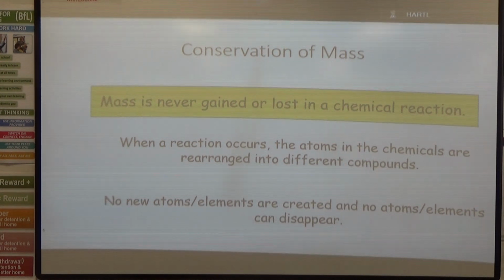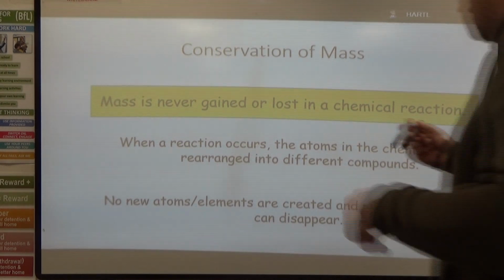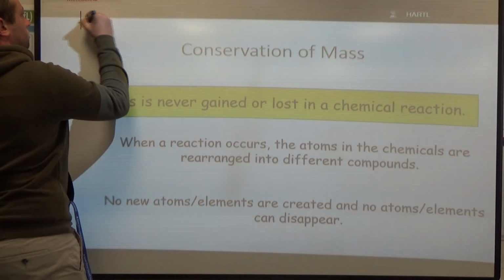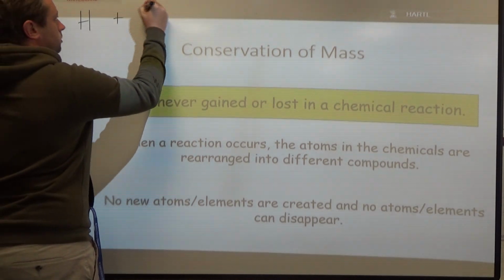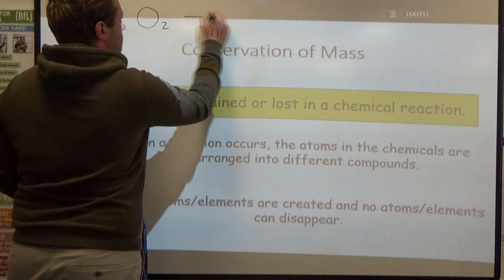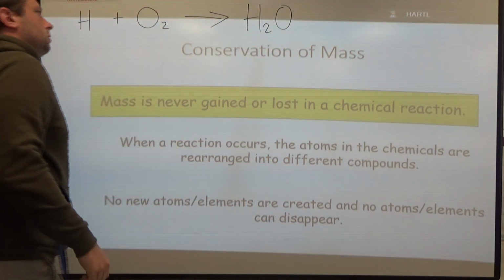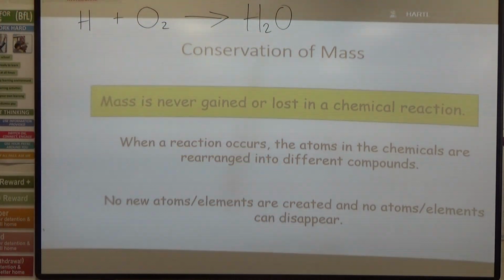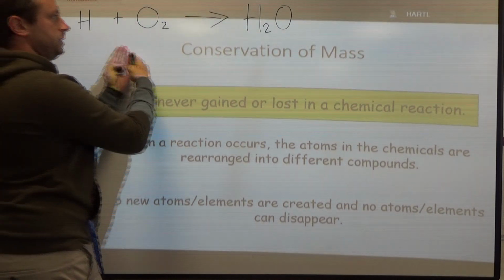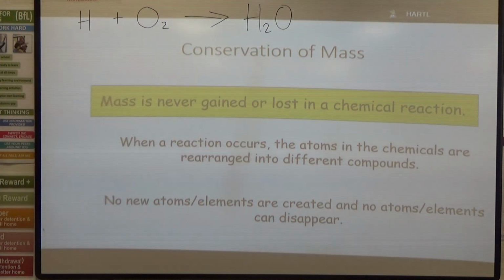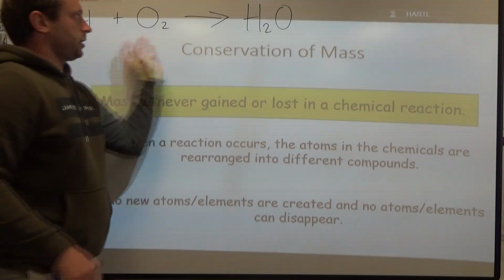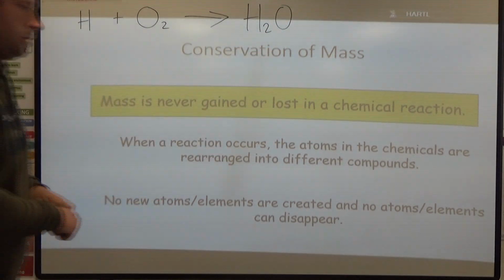So for example, if we look at the creation of water, nothing new's happened there other than that these two elements are bonded together to make this. There's no new elements in there. There's still H's and still O's there. Okay, so still hydrogens and oxygens. The reactions just happen to make them bond together.